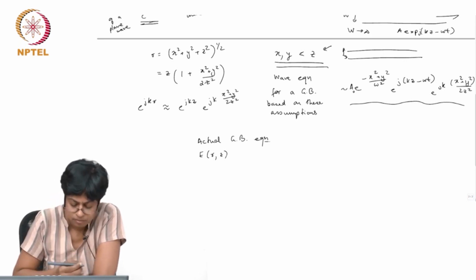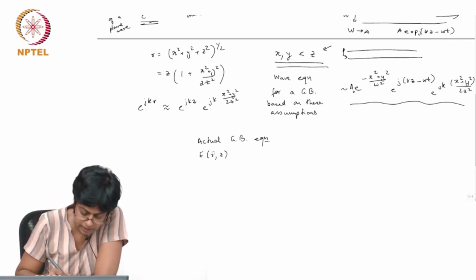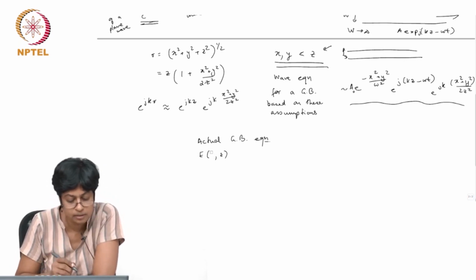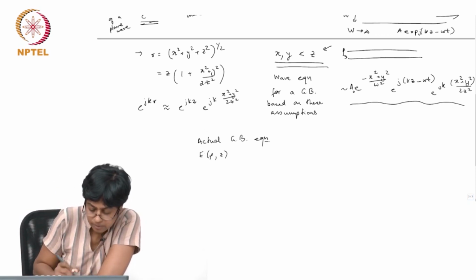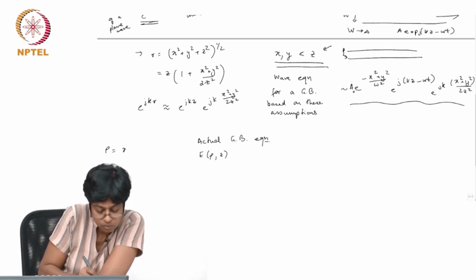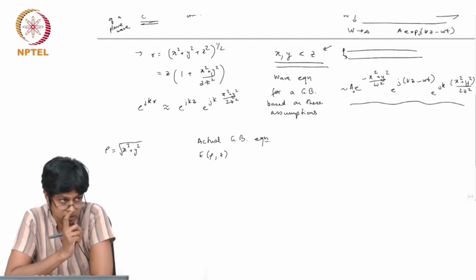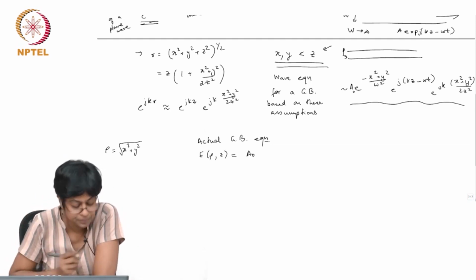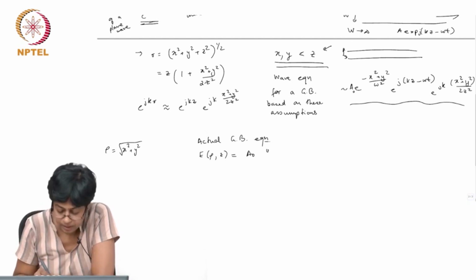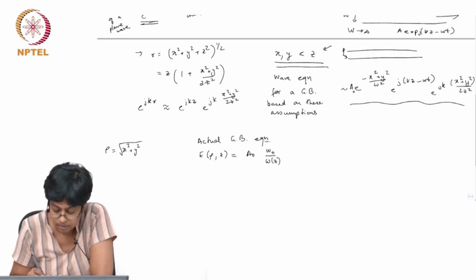Actually, let me not say r, because I used r earlier as this, and I want this variable, I'll call it rho. Rho is now just x squared plus y squared. It's just a function of the transverse coordinates, okay. So there is some amplitude A naught, and I'll explain what these different terms are.